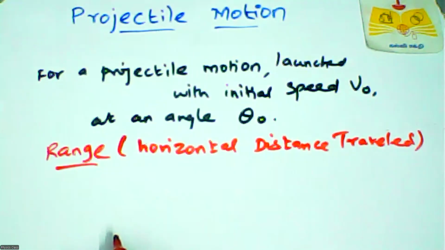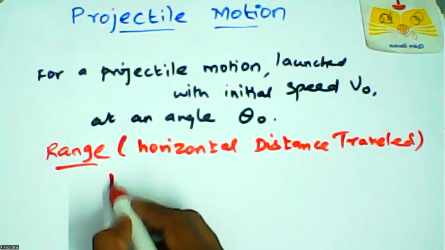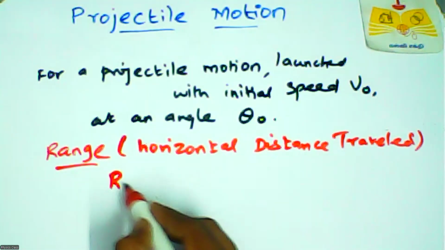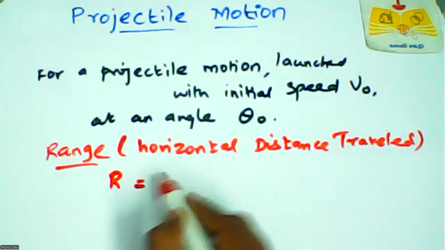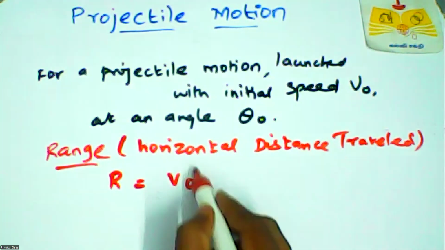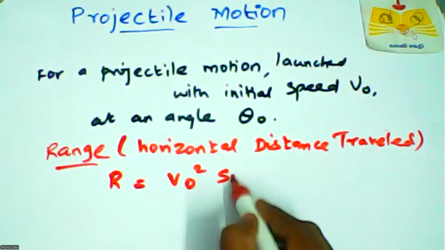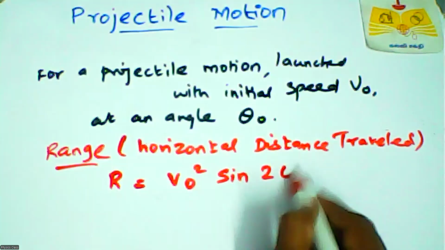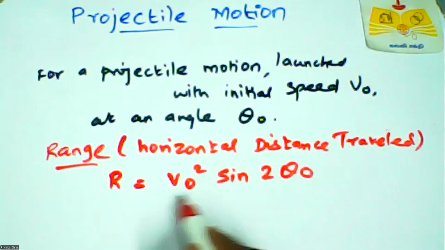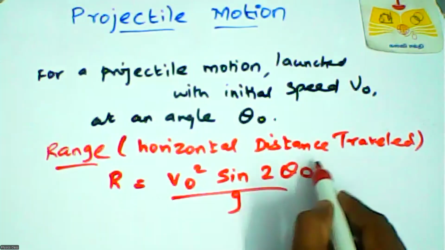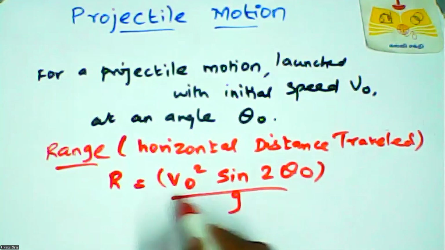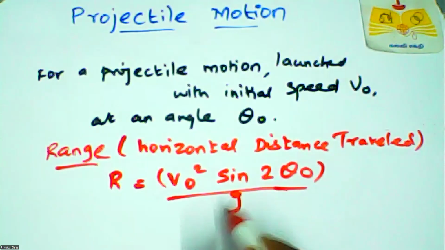So we can write the equation for range, which is denoted as R. R equals V naught square sine 2 theta naught by g. We can put brackets like this. So this is the equation for range.